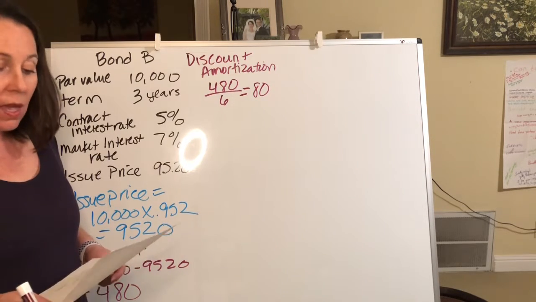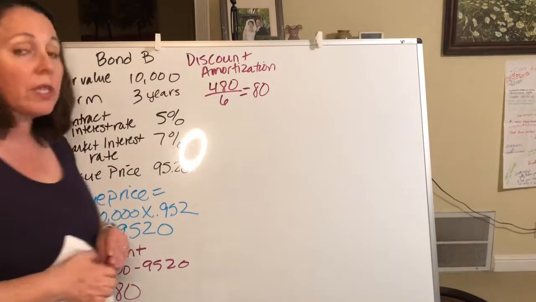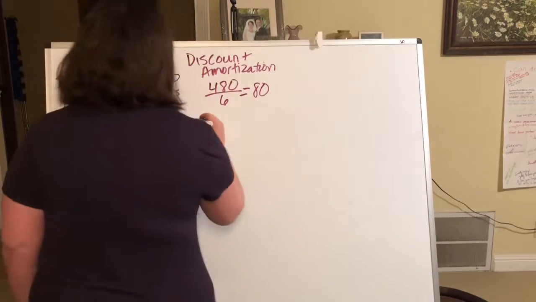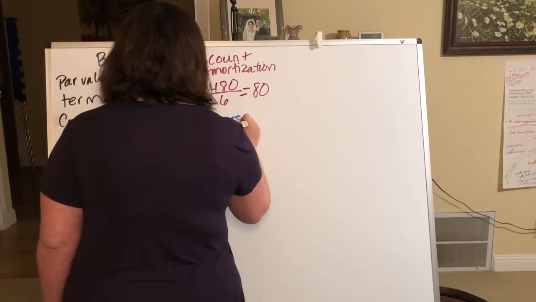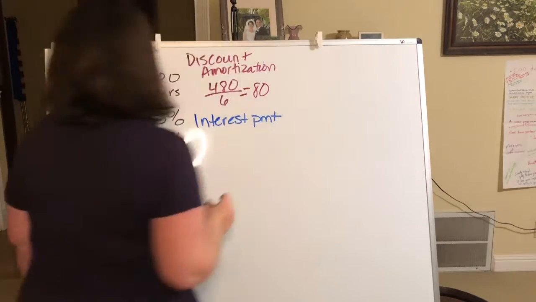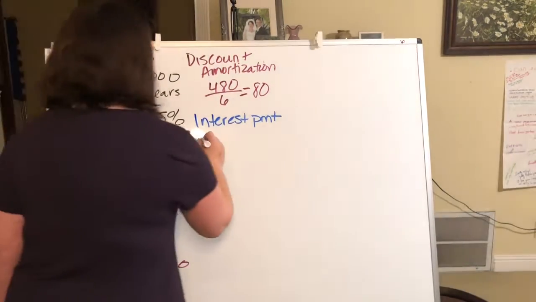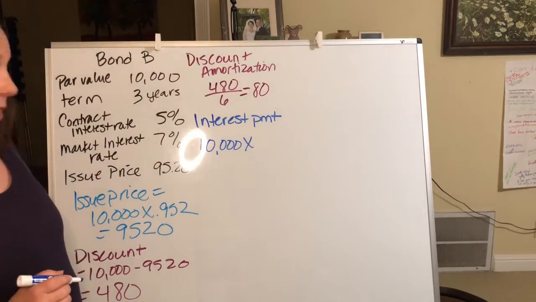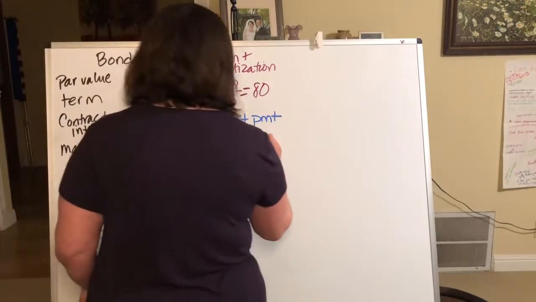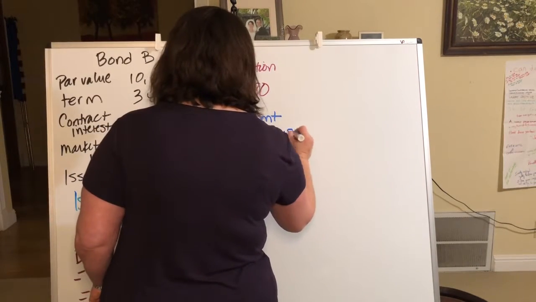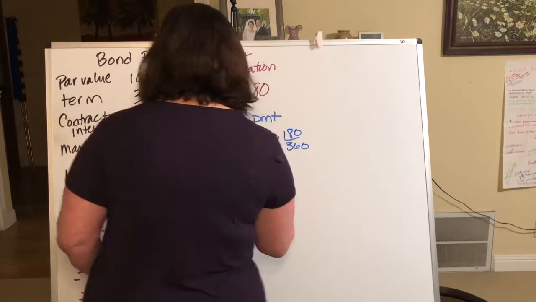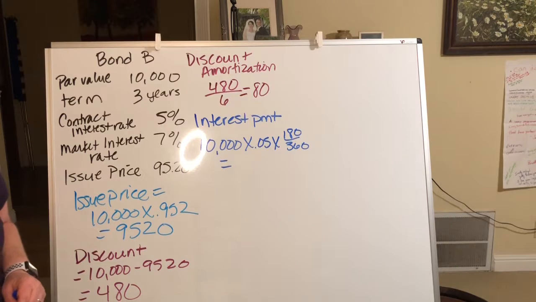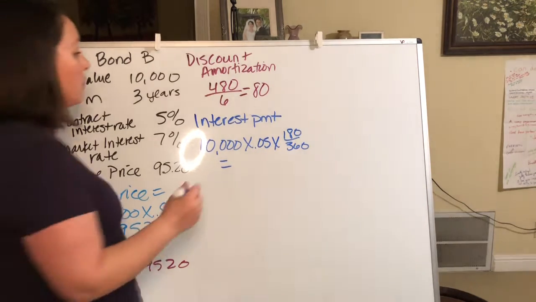Finally, let's calculate what our actual interest payment is going to be. And our interest payment is going to be our par value times our contract interest rate, which is 5%, times 180 over 360, which is going to be $250 every 6 months.